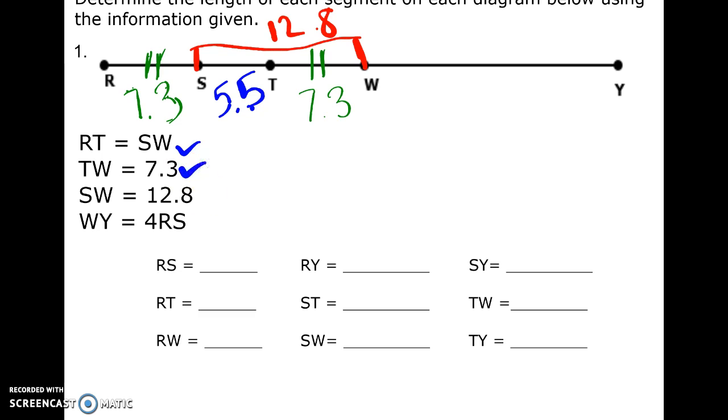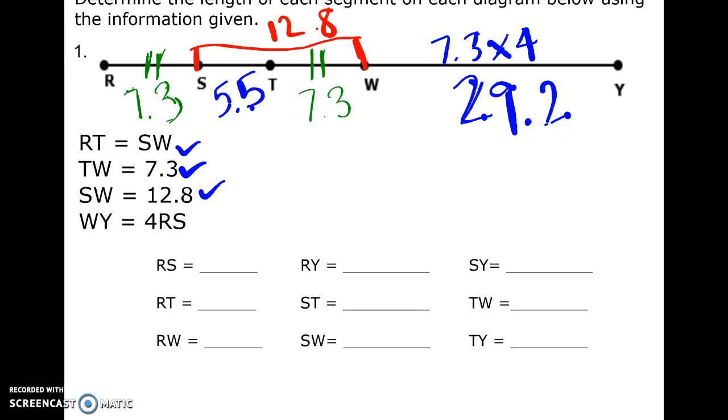We did this one, and this one, and then WY equals 4RS. That means 7.3 times 4, which equals 29.2.